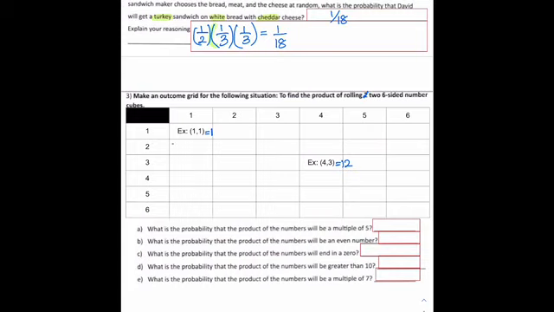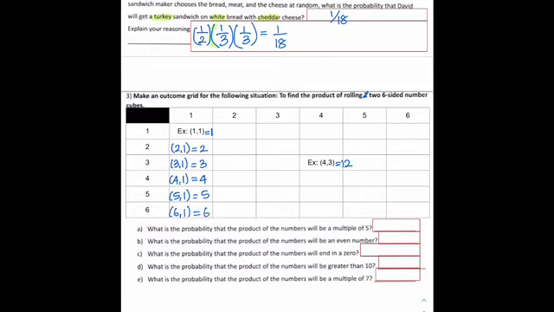This one will be 2, 1. If you multiply 2 times 1, it gives you 2. So 3, 1 will be 3. For 4, 1, it will be 4. 5, 1 will be 5. 6, 1 will be 6.